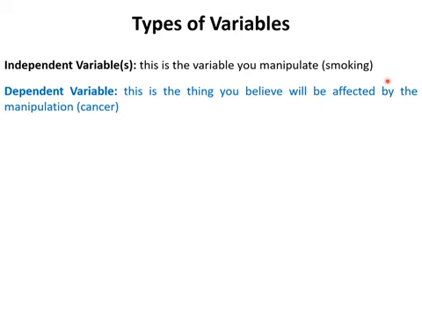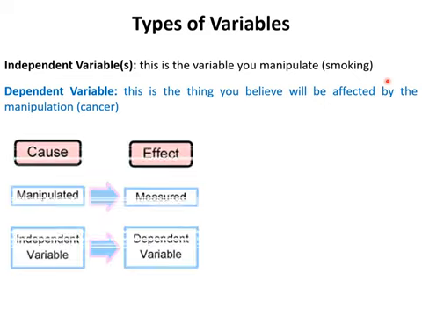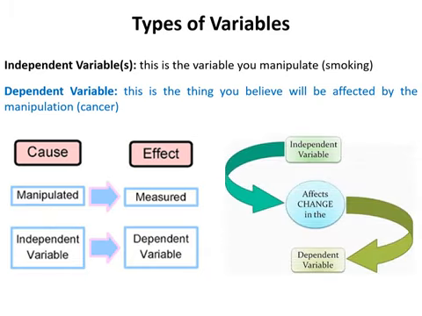This is a response variable that can be changed by the manipulation of the independent variable. So the independent variable is considered a cause, while the dependent variable is considered the effect or the result. We can make the manipulation in the independent variable and measure the changes in the dependent variable.